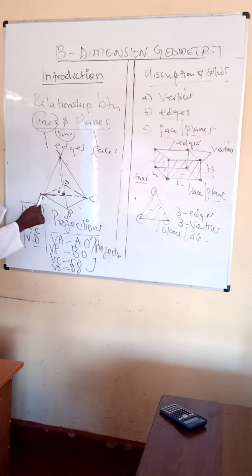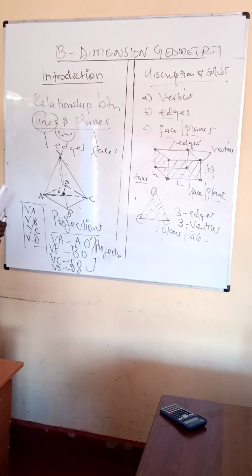So VA projects to AO, VC to CO, VD to DO, and VB to BO. Having understood that, I'm going to explain the relationship between the lines and the planes.